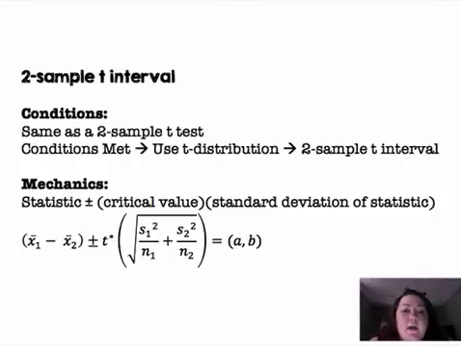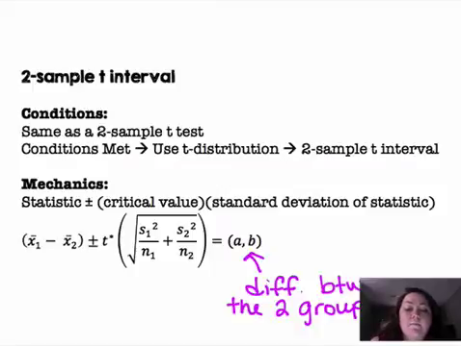So it's going to be x bar 1 minus x bar 2 plus or minus t star times the standard deviation, which is the square root of the standard deviation of sample 1 squared over n for sample 1, plus the standard deviation for sample 2 squared divided by the sample size for sample 2. That'll give us our 2 values, which will tell me the difference between the 2 groups.